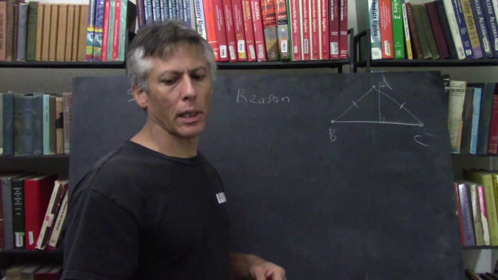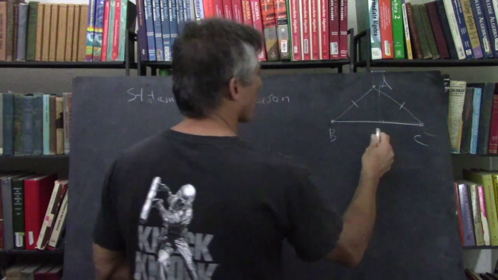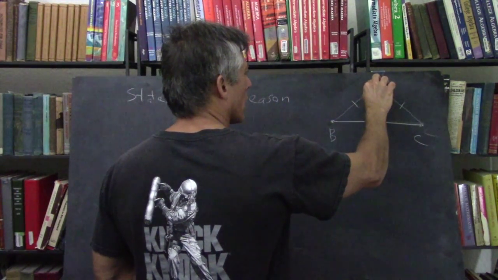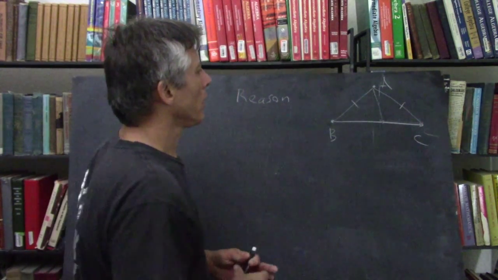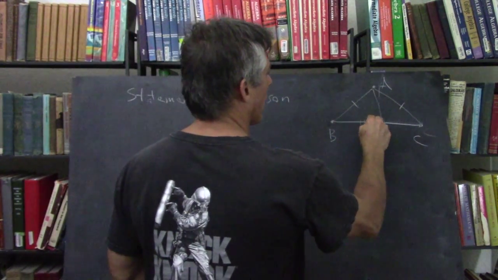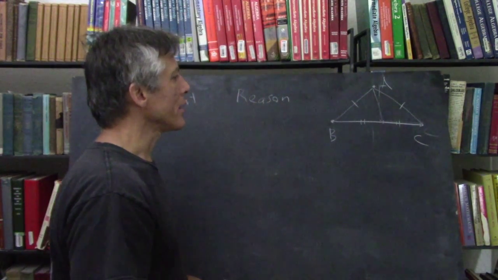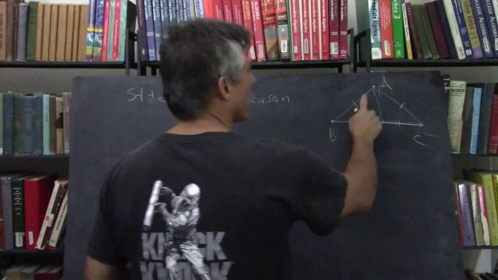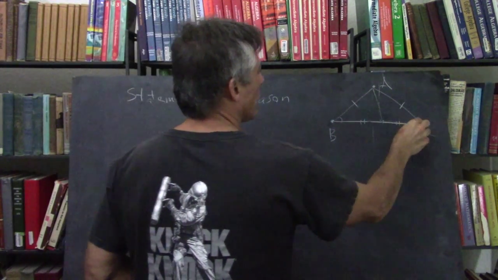Now, between any 2 points there's a line. So what if, get that out of the way for now, what if I drew to the midpoint? Now, then we know that that is congruent to that. But this big triangle is isosceles. So this must be equal to this.